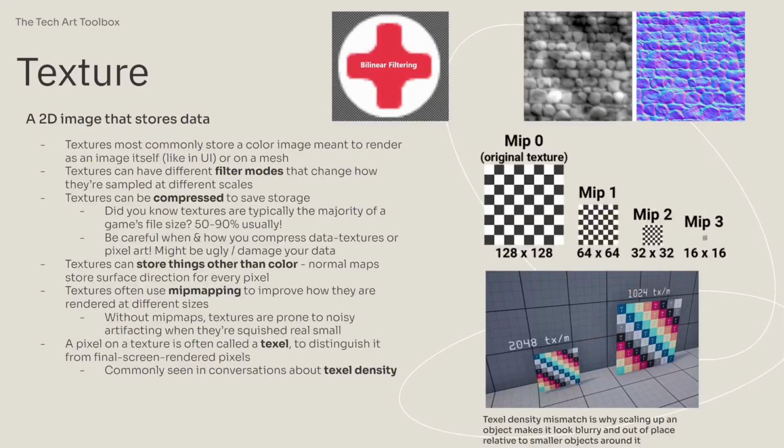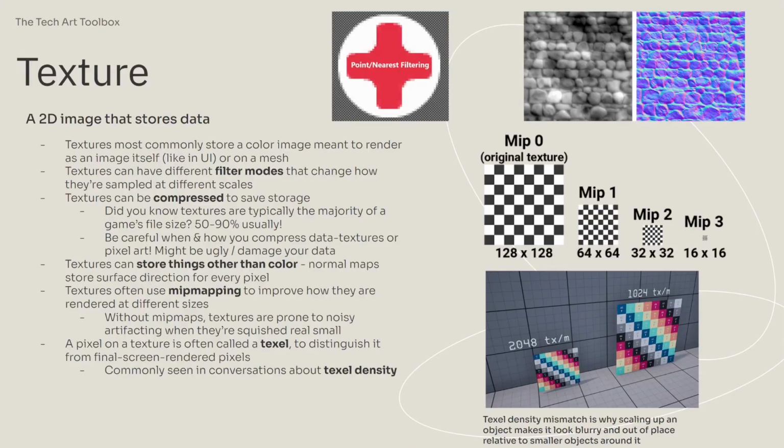So first, texture. We all know what a texture is. If you don't, it's typically a 2D image that stores data. Often, this is just a color image. That's probably the one you're most familiar with. But they can also store things like normal maps. I mentioned that a color can also be a vector. A normal map stores surface details to allow a surface to appear like it's shaded and has some depth to it.